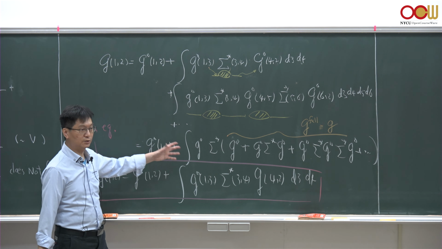And then we consider this as the first order result for the G, and then we plug in the first order result again on the right-hand side of the integral, and then we get the second order approximation for G, and so on and so forth until we get the convergence, meaning when the G that we plug in here is the nth order result, which is given by G0 plus the integral G0 sigma star and G, but up to n minus 1 iteration.